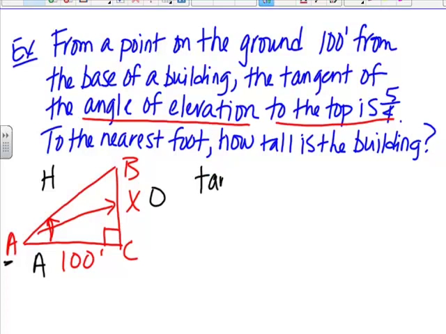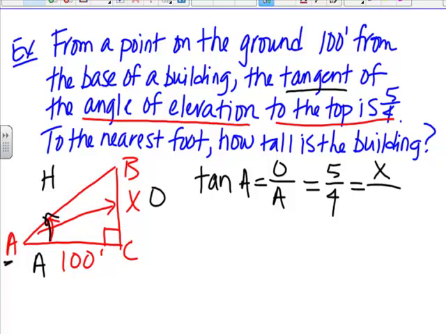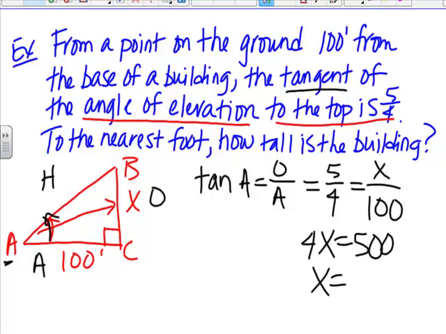If you remember, the tangent of A is the opposite over the adjacent, and since we are given this ratio, the tangent of the angle of elevation is equal to 5/4. Then I can finish this problem by realizing that the thing I'm looking for is my opposite. I'll call that x. And I know what my adjacent is because they told me, and that's 100. So 4x is equal to 500. And when we divide both sides by 4, we get 125 feet.